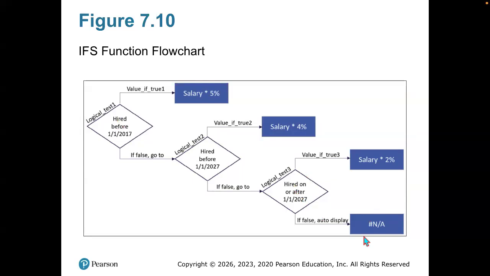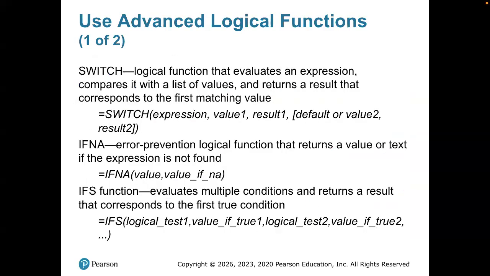The date must have not been formatted correctly or something. Because think about it, you can't be hired before 2017, before 2027, or after 2027. This is going to encompass all the possible dates that ever existed in the past or future. So the only way you could have an error here is if the date was not formatted correctly in the very beginning. So now that we see what's going on here, right?